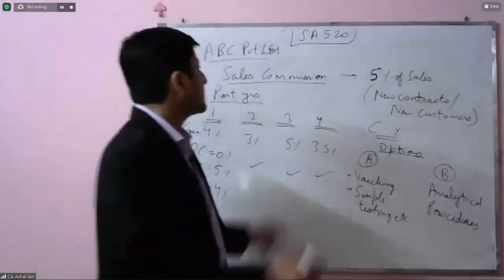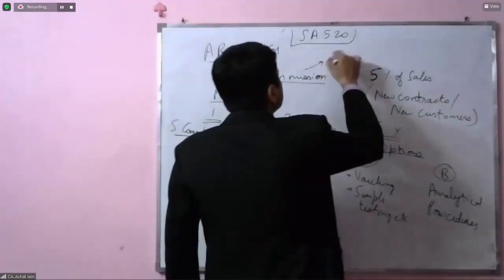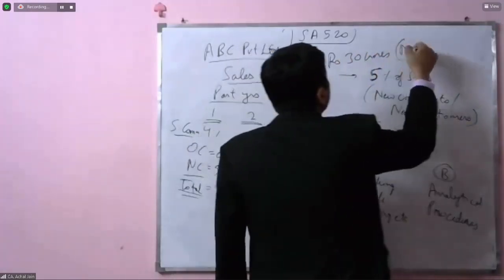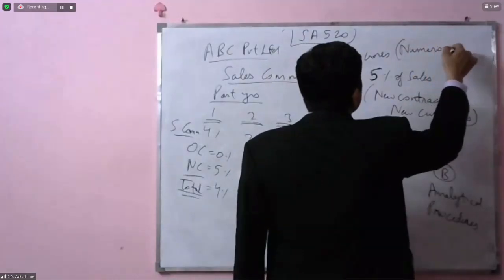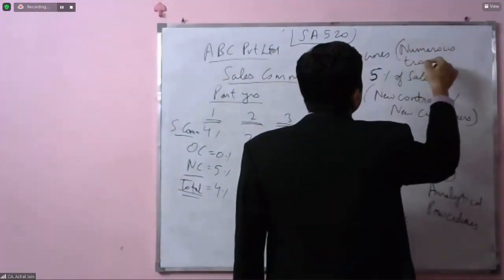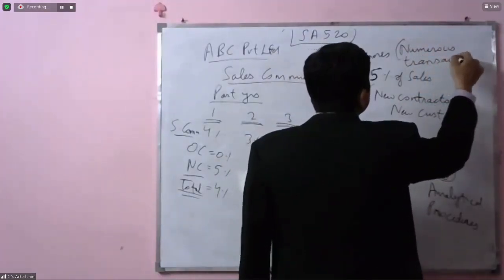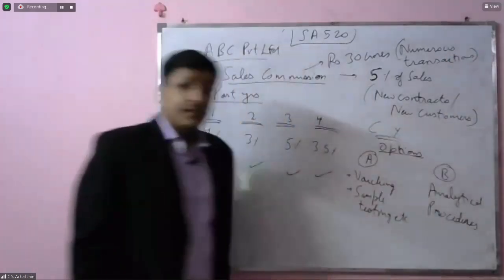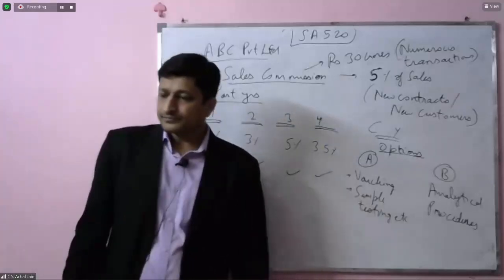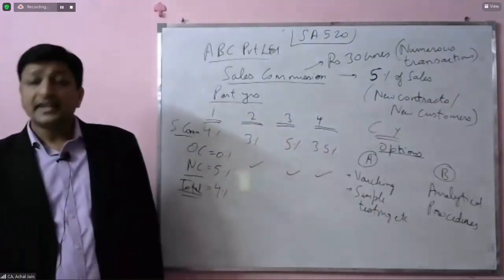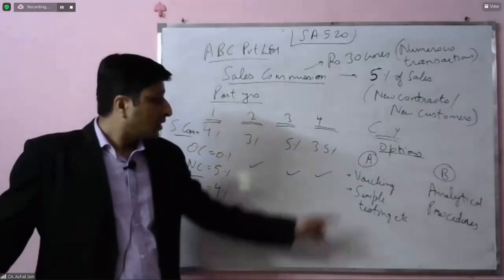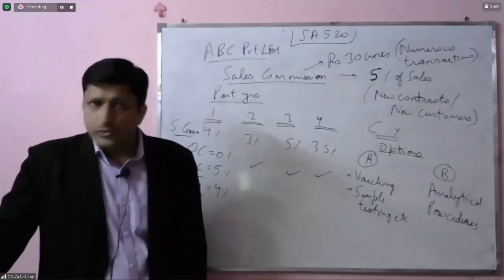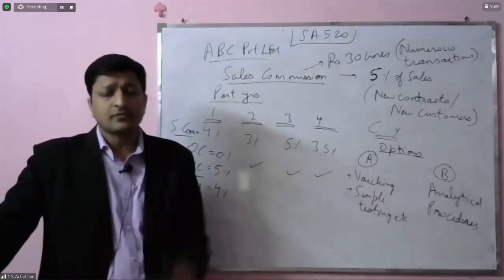Let's suppose sales commission amount is rupees 30 crores and there are numerous transactions. So even though he will do this, can we say that he will be able to do this on 100% basis? The answer is no, it is not possible and not expected out of the auditor.